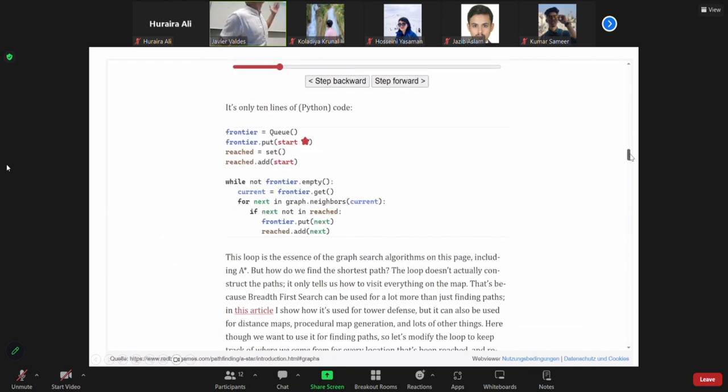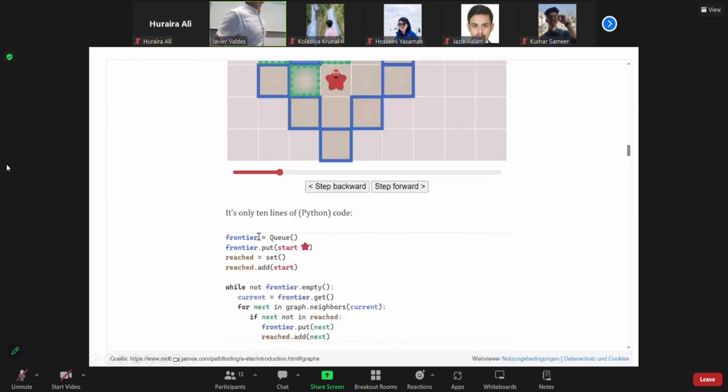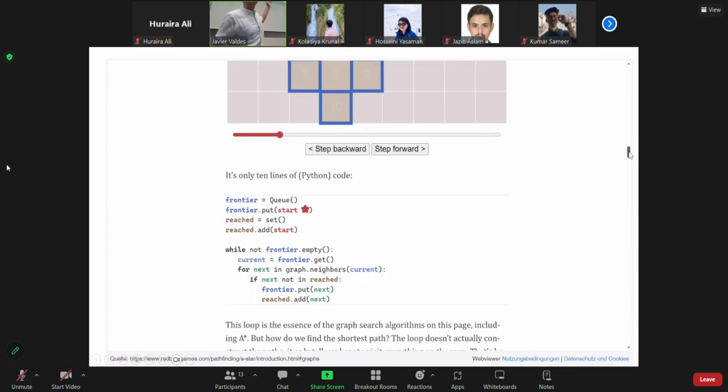The code is very easy. I haven't gone through the code. I think the only important thing for you is the frontier and the queue, so the waiting list of spaces that you want to explore, and then the spaces that you have already explored. It's just a loop through the frontier that you have, and then you go from one to the other.